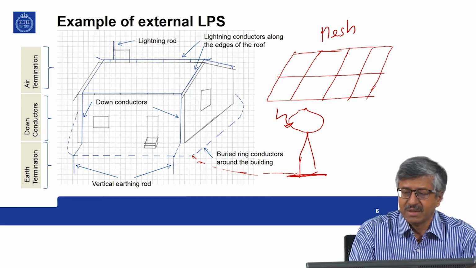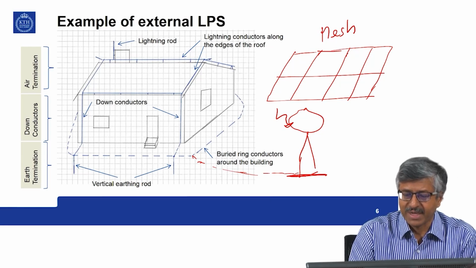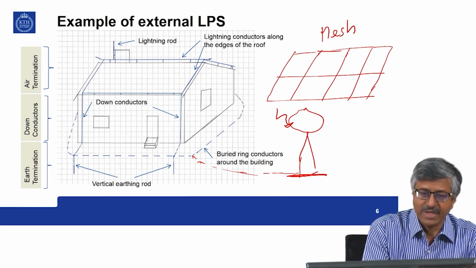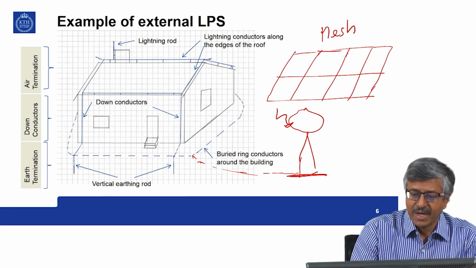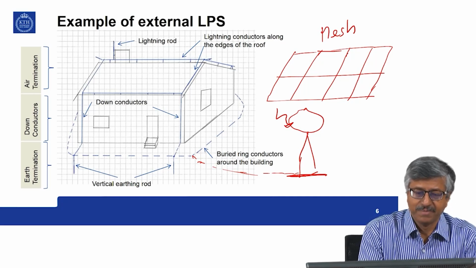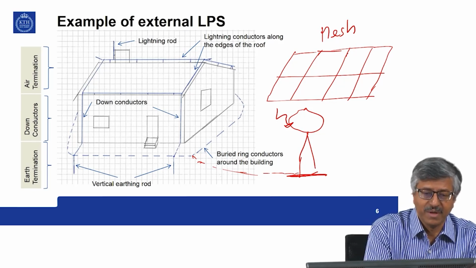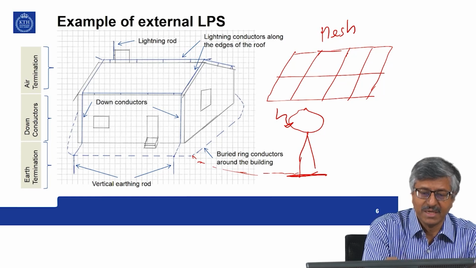So, this ring conductor will also protect against surface arcing along the ground from a tree and coming into the building. So, that also it will prevent. So, this gives some sort of a comprehensive protection against lightning.